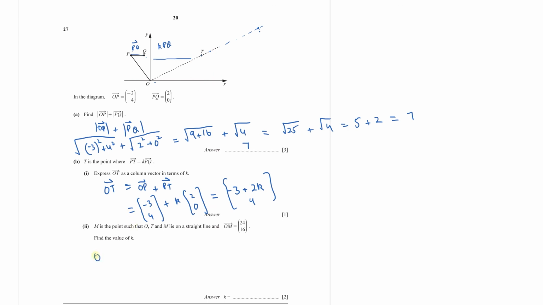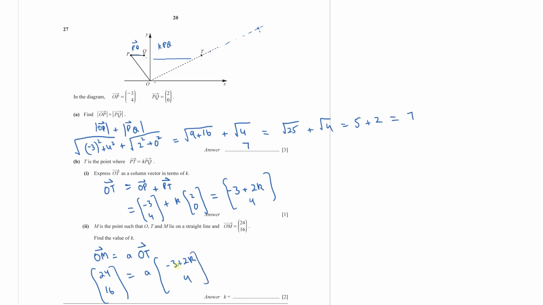OM is A times OT. I know the column vector OM is (24, 16), and OT I found in the previous part: (-3 + 2K, 4).